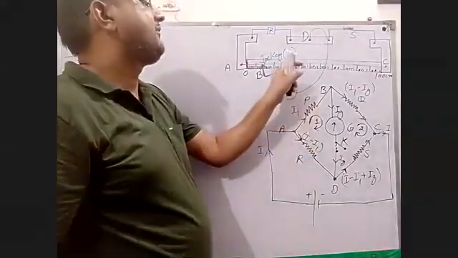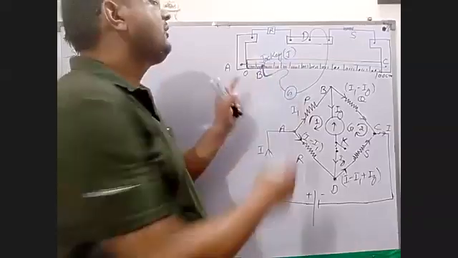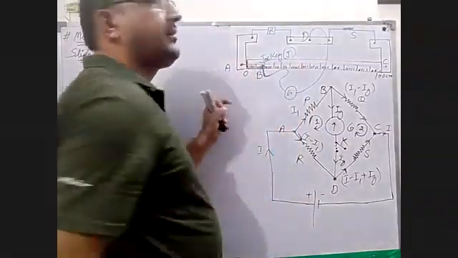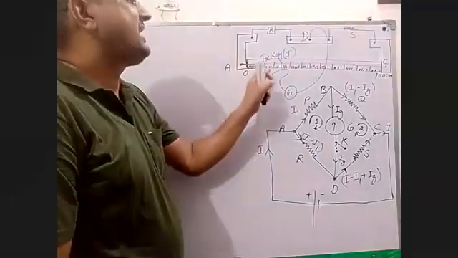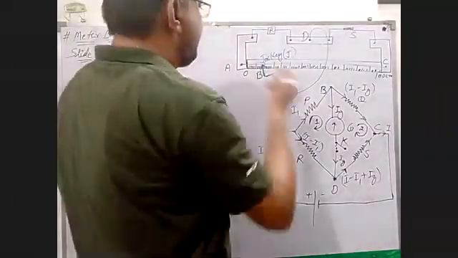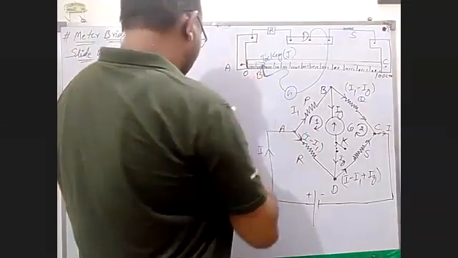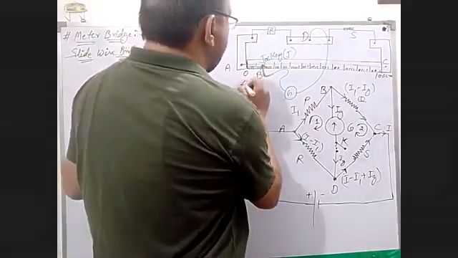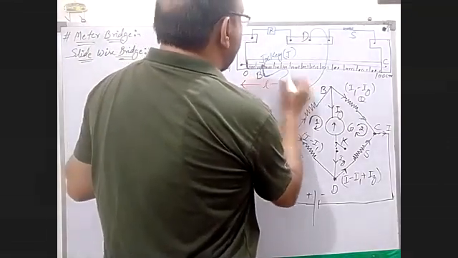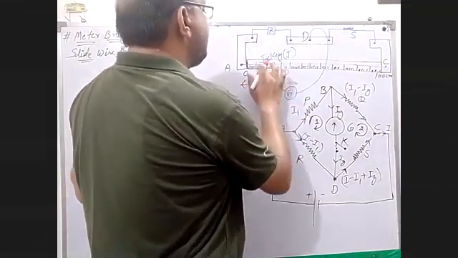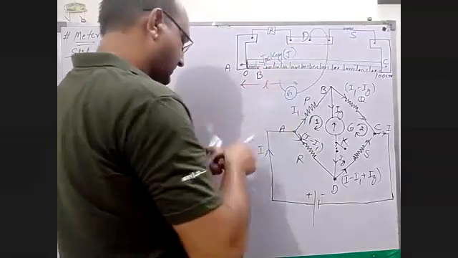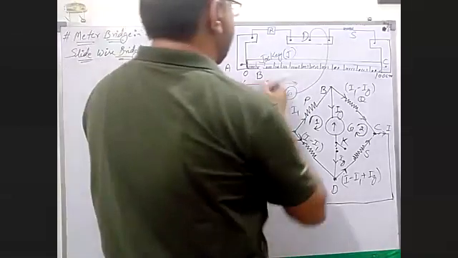Then you have to stop here and note down how much length it acquired by the jockey. This length gives you the value of P. Suppose at this point, jockey gives you the deflection.